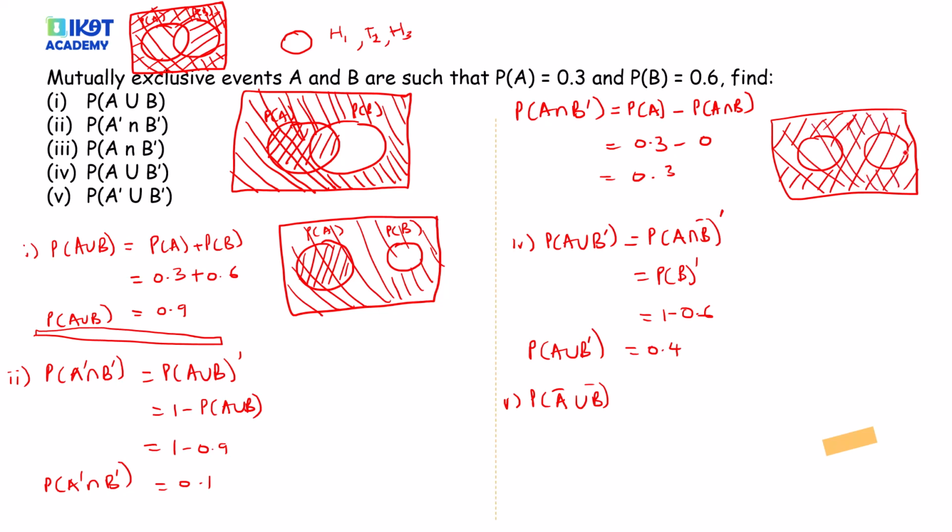So I think here you realize when you shade, everything has been shaded, because A complement is everything outside A, and B complement is everything outside B. So at the end of the day you've shaded everything. For this case, since they want union, everything that has been shaded, and of course this would be 1.